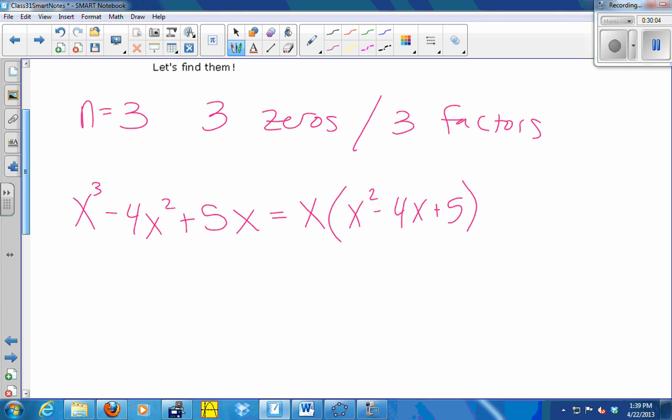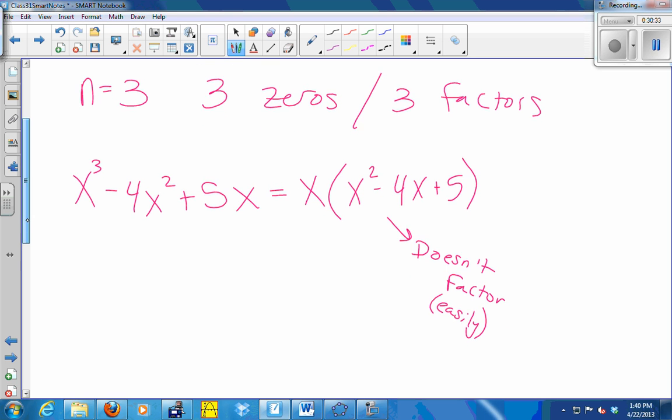I should say it doesn't factor easily, right? We can't just look at it and get the factors like we often can. And up until today, we would have just said it doesn't factor, right?